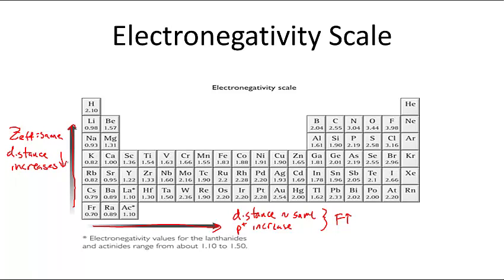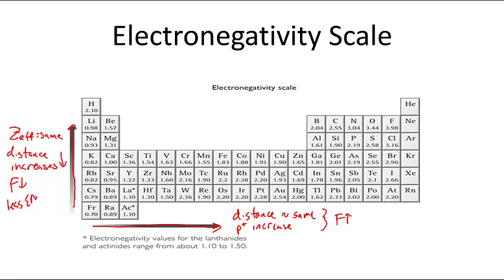So that means the force decreases going down, which means less electronegativity. So really you can look at it in terms of just distance from the nucleus and the effective nuclear charge. As it gets further away, the nucleus can't pull valence electrons as tightly, which is why hydrogen has a much higher electronegativity than francium, because francium is a much larger atom.